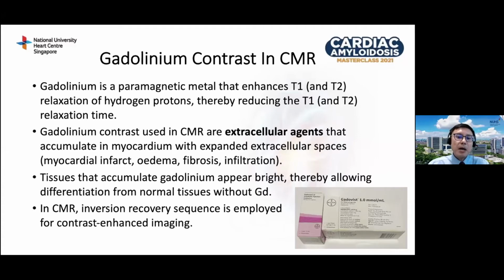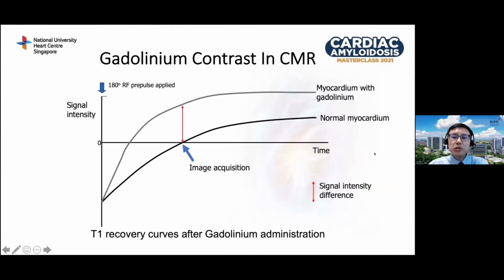So in CMR, we use a particular sequence called the inversion recovery sequence to image the heart after we inject gadolinium contrast. I just want to show you a little graph to tell you how this is useful. When you inject gadolinium, we then take the picture. We use an inversion recovery pulse, and then we wait for the T1 recovery, right?